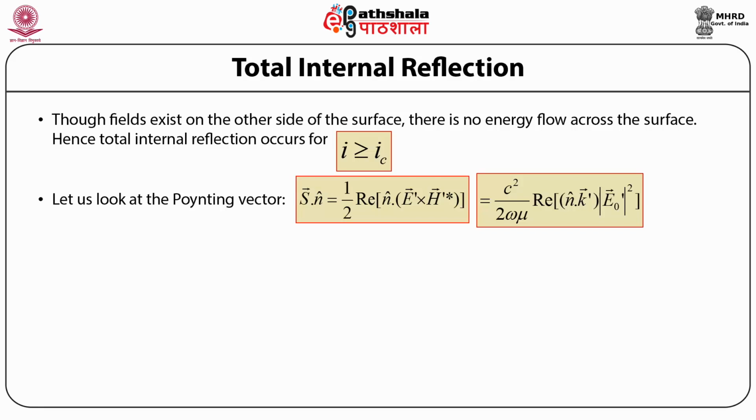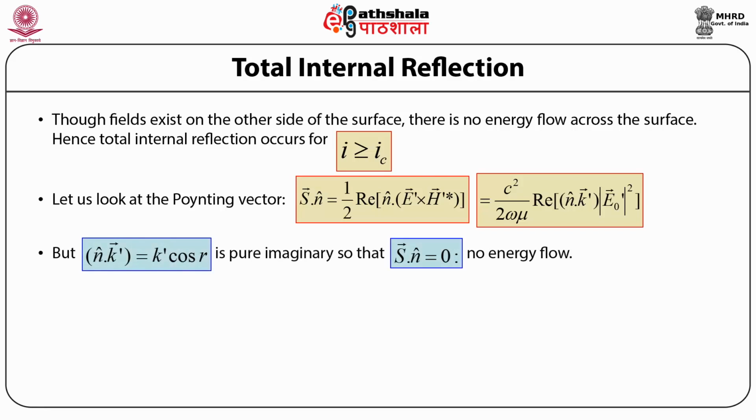And this turns out to be equal to c square by twice omega mu naught times the real part of the dot product of the unit normal n cap with the wave vector of the refracted wave times the square of the modulus of the amplitude of the electric field of the refracted wave.